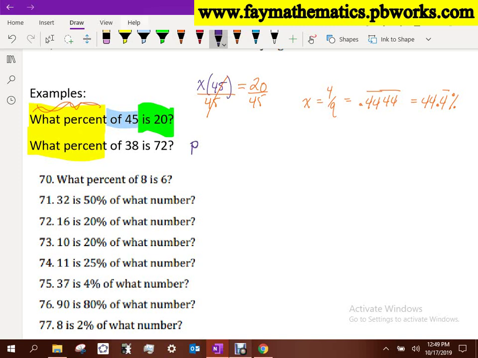Of 38. What does of 38 mean to me? So multiply by 38. Then is 72. What does is mean? Equals. So equals 72. How do I go about solving it? Divide both sides by 38.